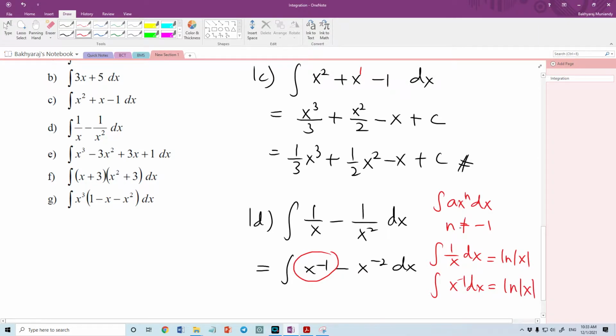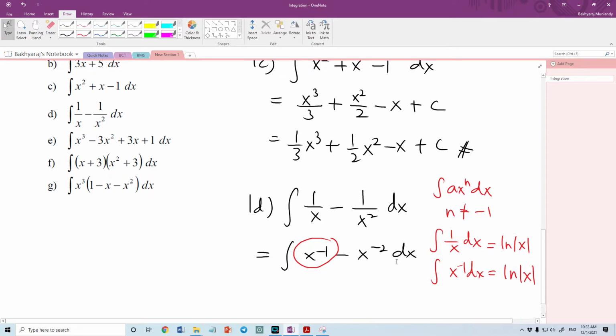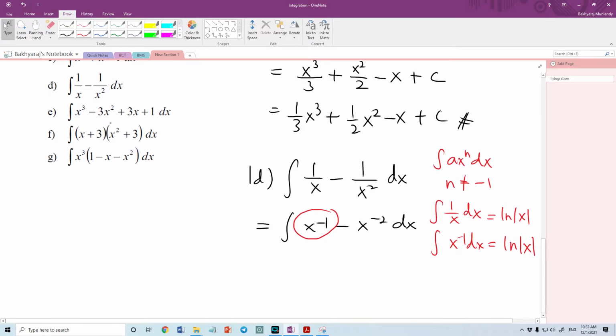You see, I already changed it, so I need the log formula, not the polynomial formula. Because this is a special case, remember, I need to put it in a log formula. So the log formula will be log x, but negative 2 is normal because we can apply the polynomial formula.